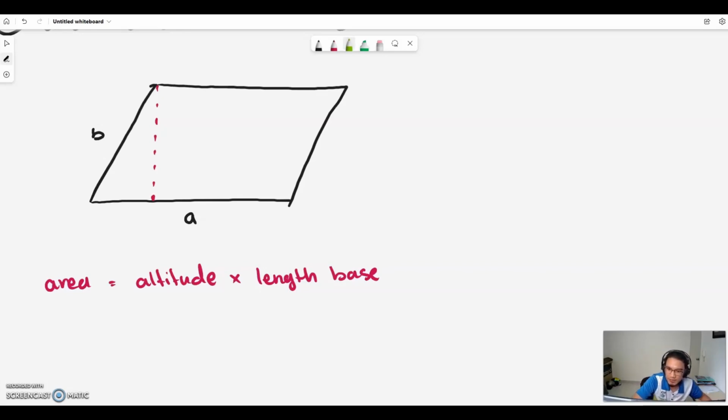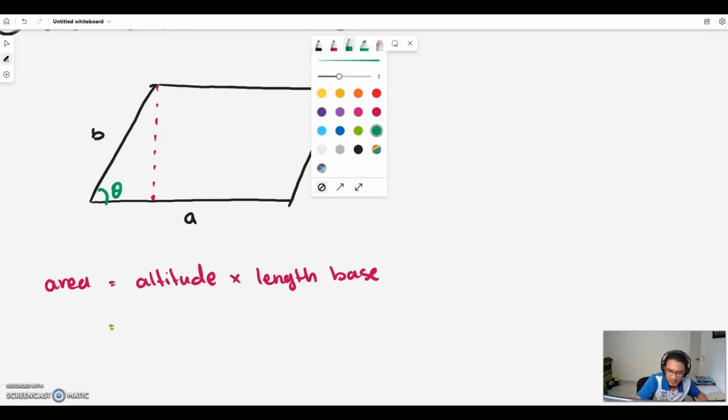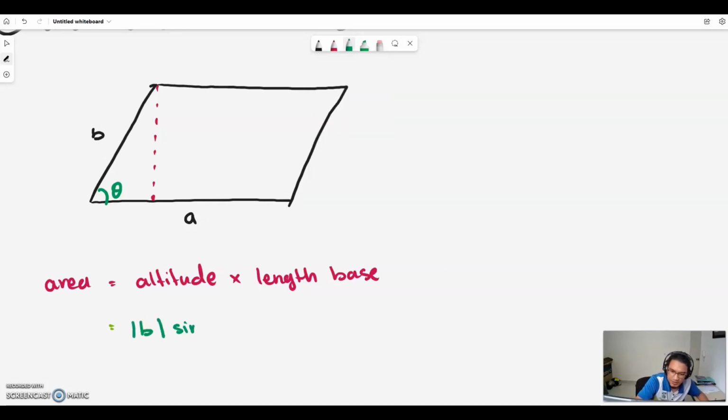In terms of this diagram, the altitude is equal to the magnitude of B sine theta, the opposite of theta, multiplied with the length of the base, that is A. So the area can be equal to magnitude of A multiplied with magnitude of B sine theta.